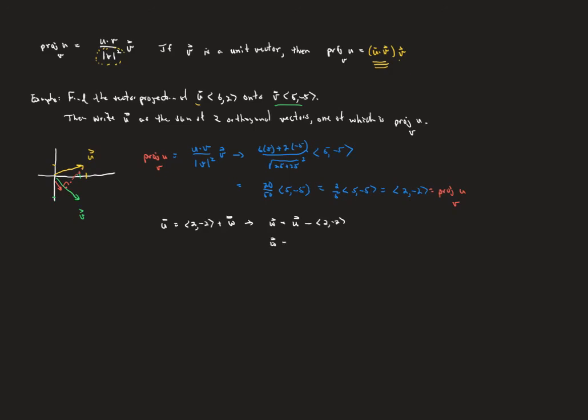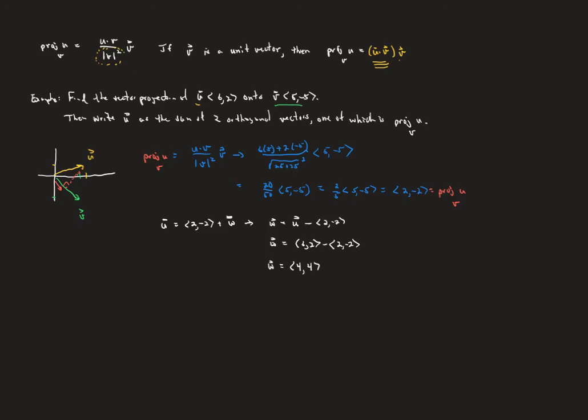So the u we were told was 6, 2, minus 2, negative 2, and that makes the orthogonal vector 6 minus 2 is 4, 2 minus a negative 2 makes that 4.